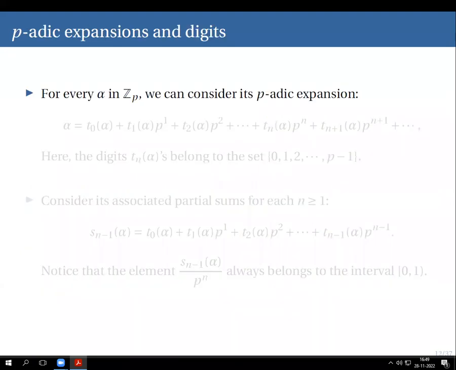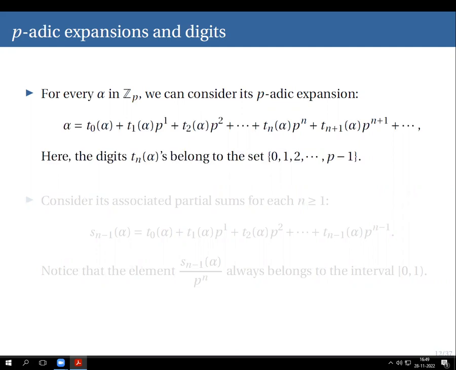Okay, so now before moving on to this group ring, again, just some basic combinatorics. If you look at the p-adic ring, there is something called the p-adic expansion. It's similar to the base p expansion.